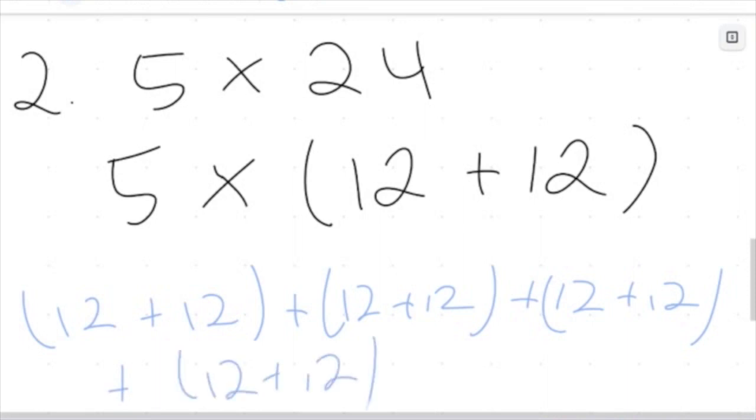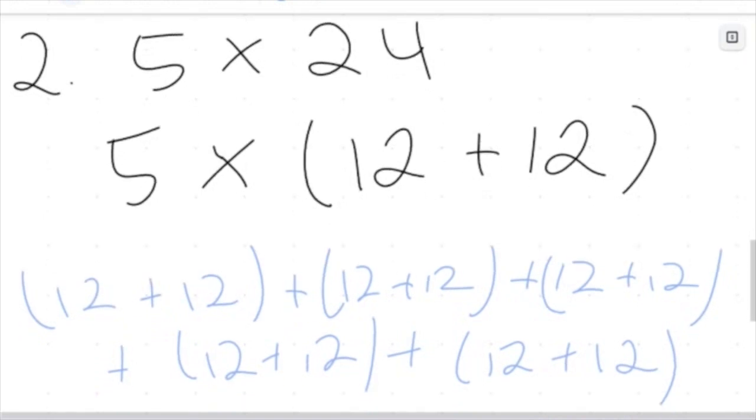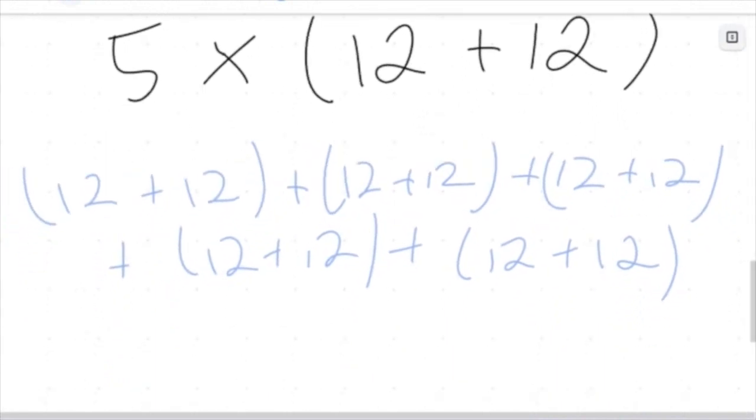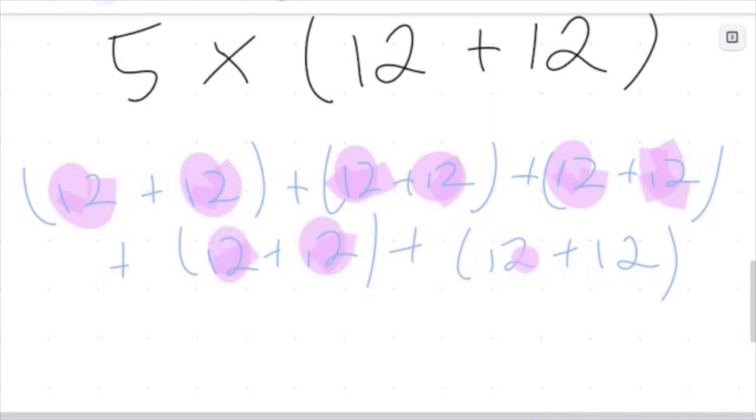And now I would discourage you from doing it this way when you actually work through questions of this kind, but hopefully by the end of this video, you'll come up with quicker methods. But you can see here that I can count, well, how many lots of 12 do I have? 1, 2, 3, 4, 5, 6, 7, 8, 9, 10.